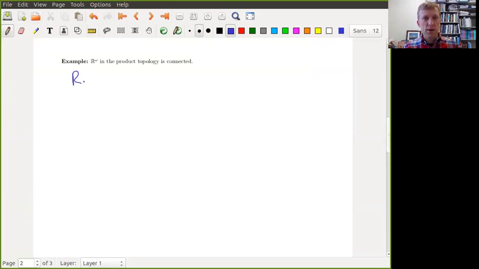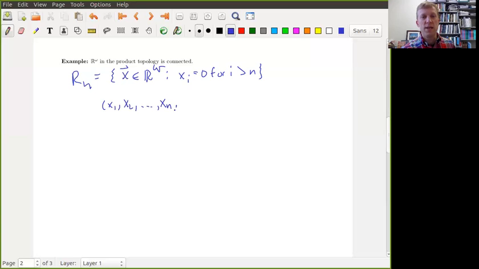So define Rn this way. Rn is going to be the set of all sequences in R omega such that x sub i equals 0 for i greater than n. So a typical element of Rn would look like this: x1, x2, up to xn, followed by all zeros.